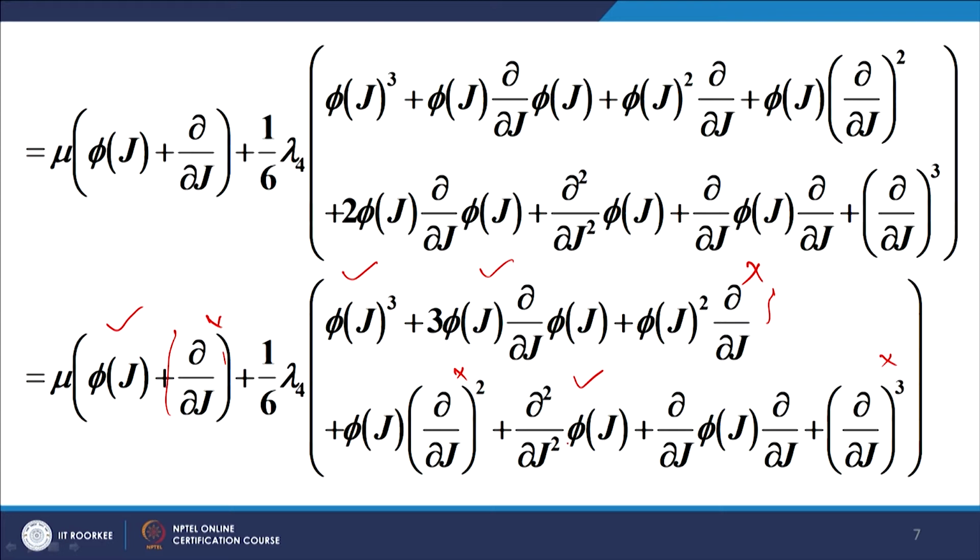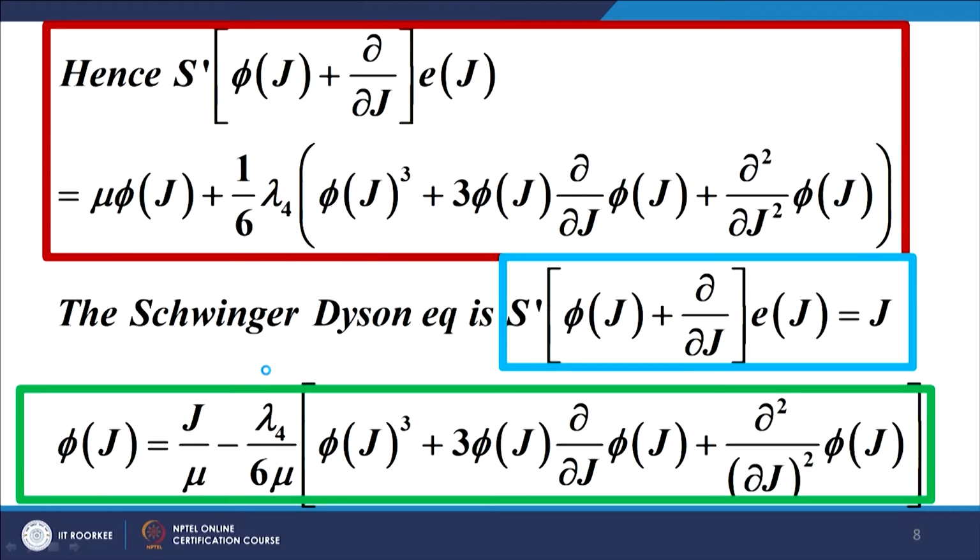The rest of the terms will not contribute, because the derivative acts on the unit function, which is a constant. And therefore, what we are left with is the expression that is given in the red box.